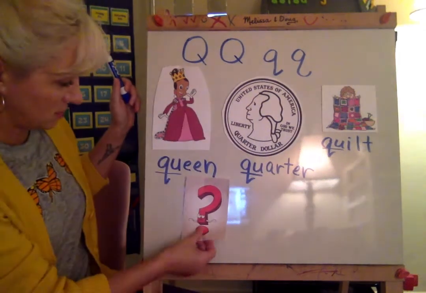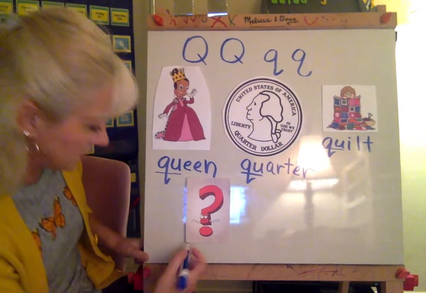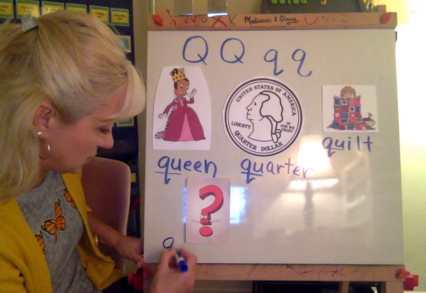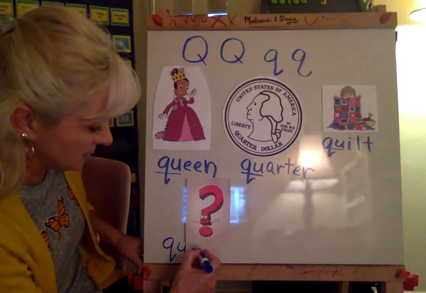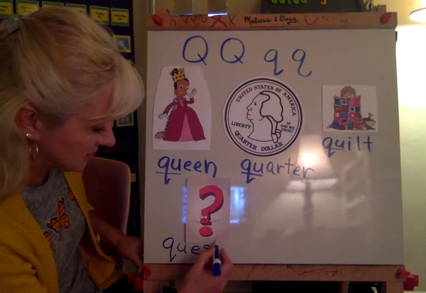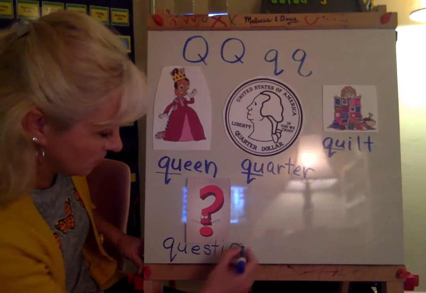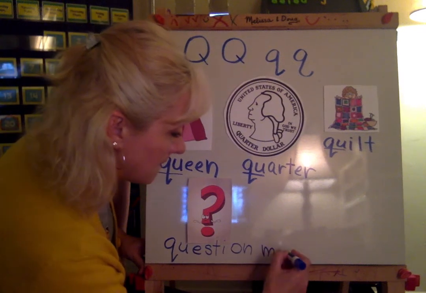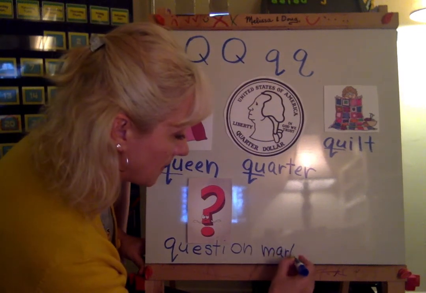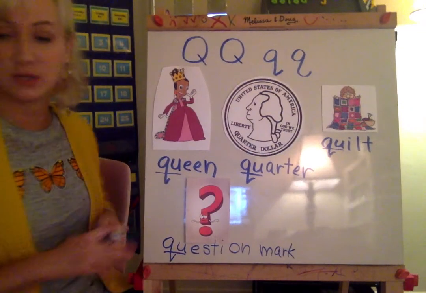And I want to make sure we can see this on our video. I'm going to write it down here best I can. Q, U, of course. E, S, T, I, O, N, question mark. 2 words, question mark. There's that Q, U, question mark.